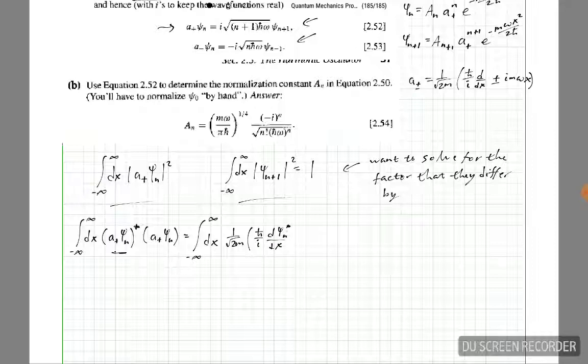And then that was our raising operator. But remember, we are going to be taking the complex conjugate, right? So we have the complex conjugate of our psi n, but we also have the complex conjugate of our raising operator, meaning that this plus sign became a negative sign, and so did the first one.